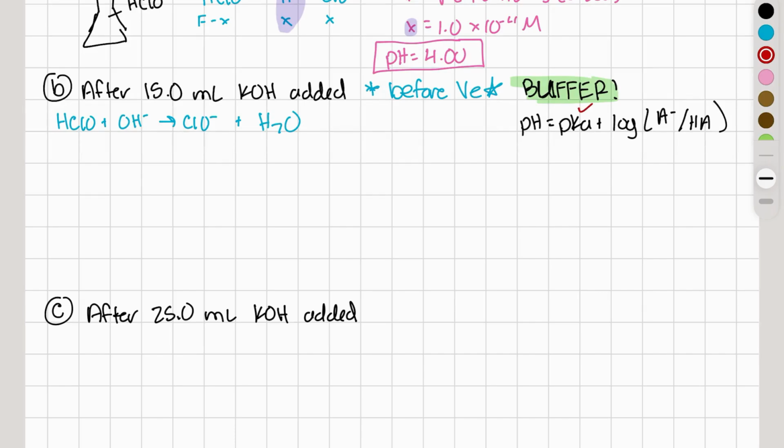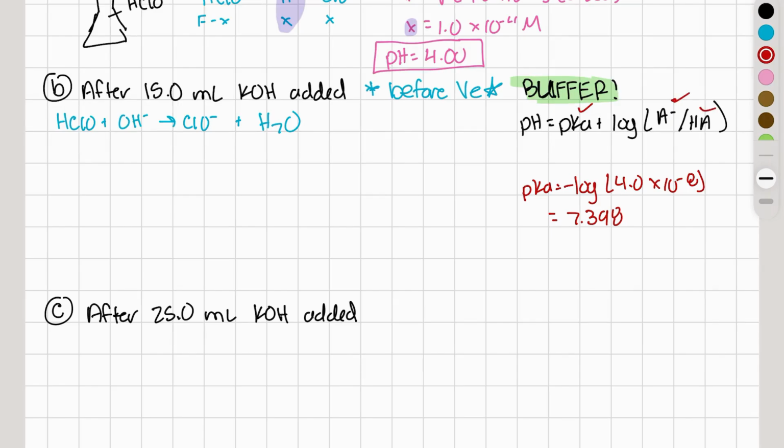So we don't have pKa directly, but we can find pKa from the Ka. So that means that pKa is the negative log of our Ka, which is 4.0 times 10 to the negative 8. So that means pKa is 7.398. So we have this, and we can find A minus and HA.